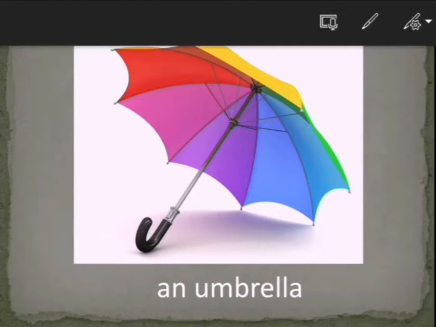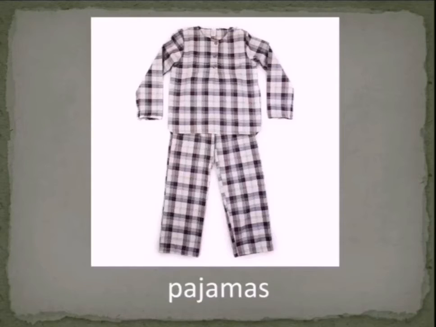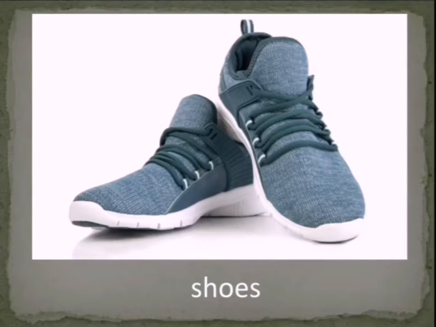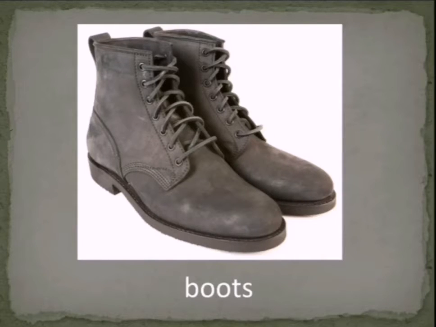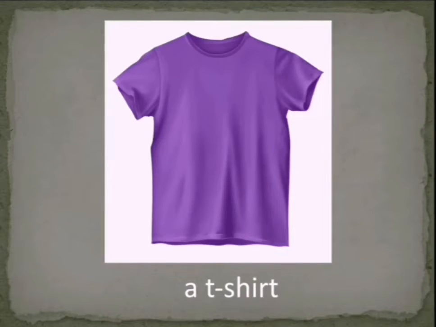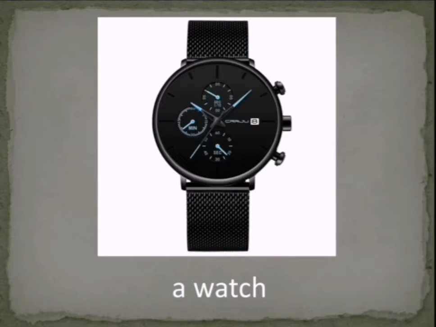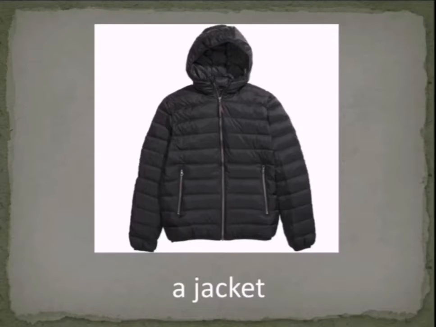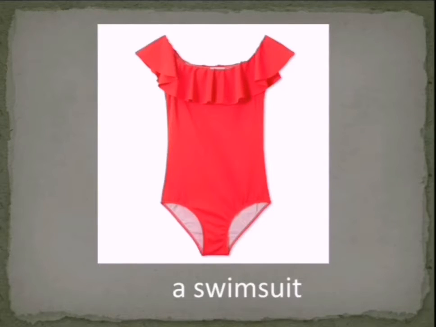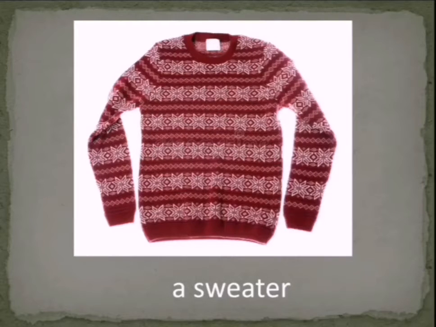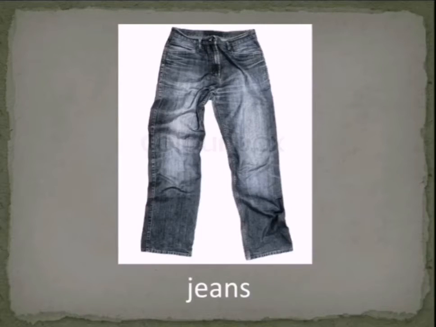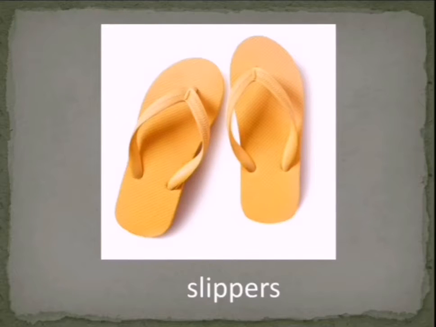An umbrella, pajamas, shoes, boots, a t-shirt, a tie or a necktie, a watch, a jacket, a swimsuit, a sweater, jeans, slippers.